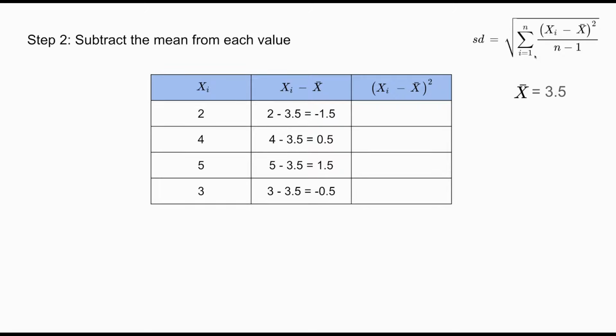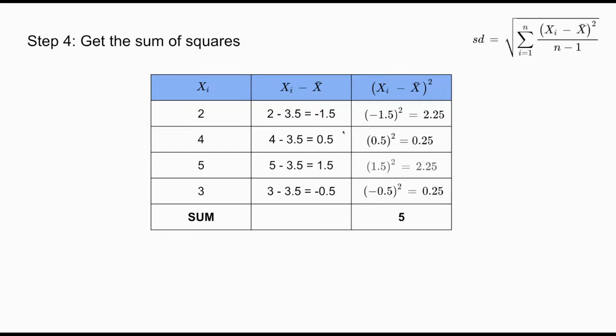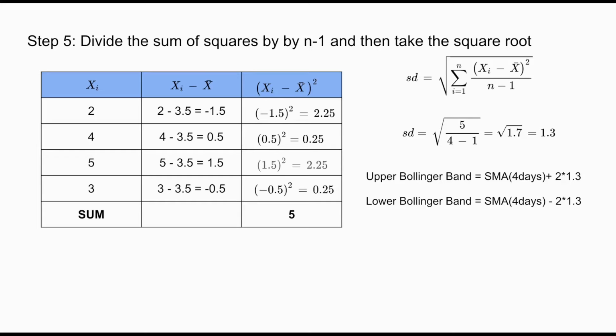Based on the equation, we must subtract the asset's average price from the daily price and then square it. The calculations can be found in the table, and if you want, pause the video and try it out. The next step is to sum the values and divide them by the number of days minus 1. As a result, the standard deviation calculation is 1.3.